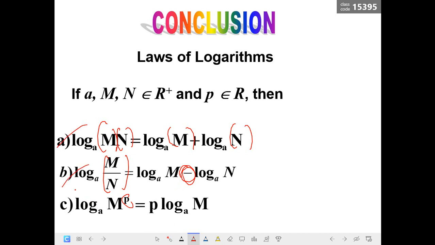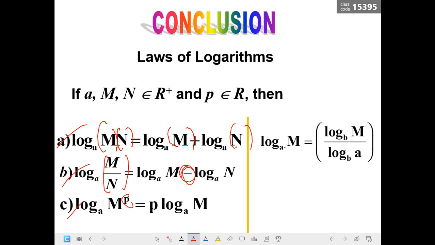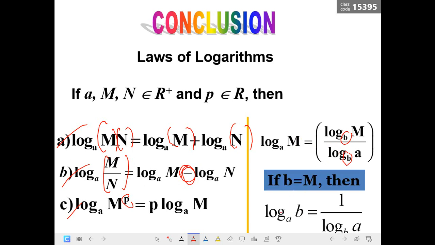These are the three important laws for log. At the same time, you have to know how to change base to your base according to the question. And this one, log b base a is equal to 1 over log a base b. So that's all for log. Okay, bye bye.